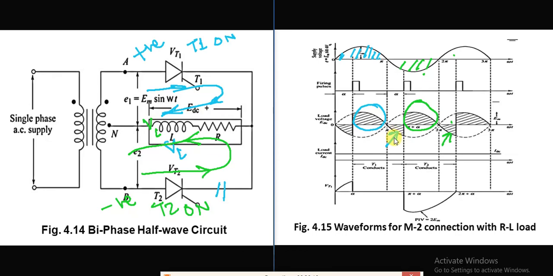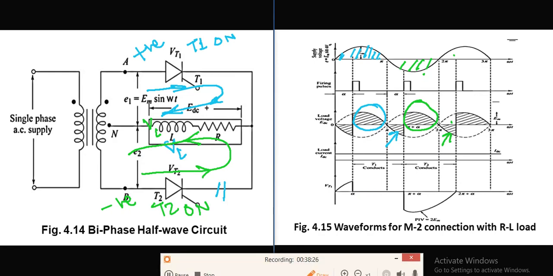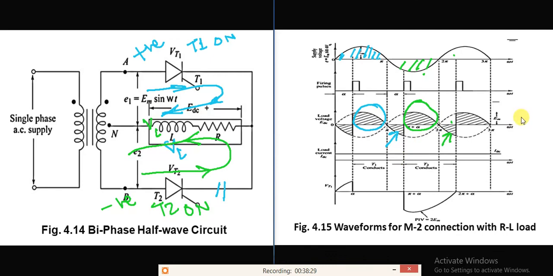So if this half waving is increased, say if we consider here the firing angle alpha is less than 90 degrees, we will get the proper output. If the firing angle alpha is equal to 90 degrees, the outputs will be the same, meaning we will get this output and this output.